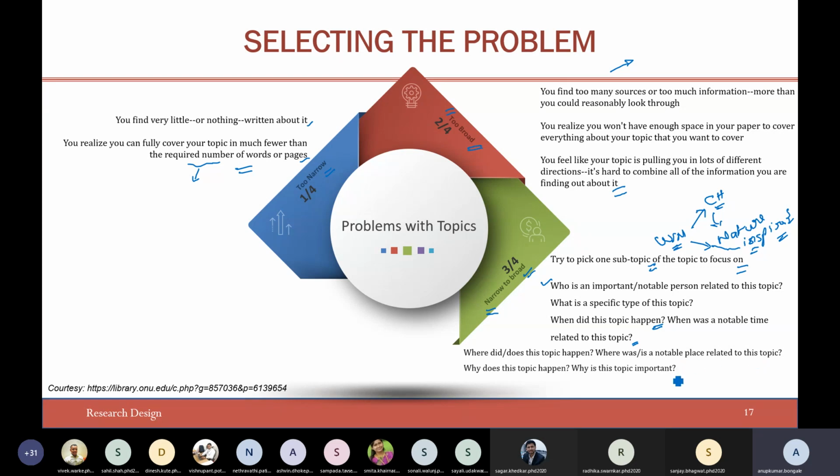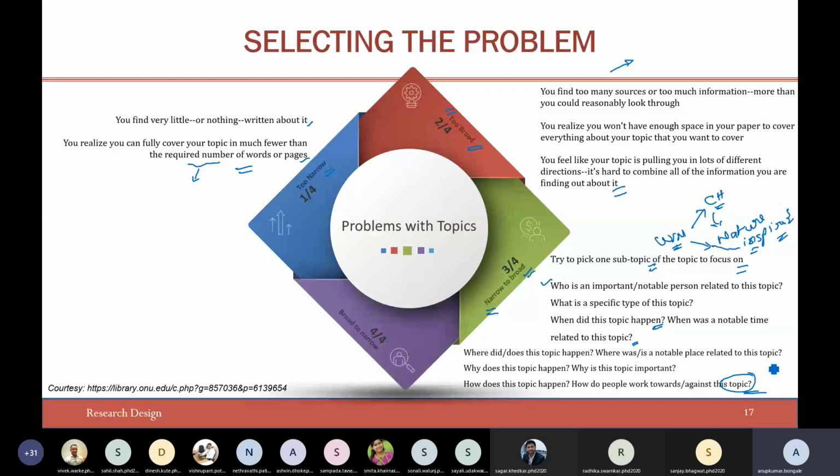Why does this topic happen? Why is this topic important? How does this topic happen, and how do people work against this topic? You can simply replace the word topic with your narrow problem statement, and as you start exploring the answers, you will be able to broaden it.